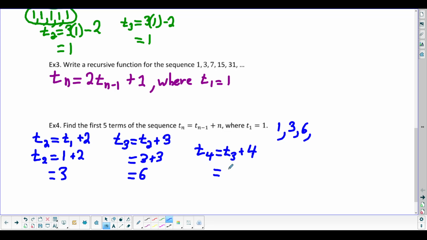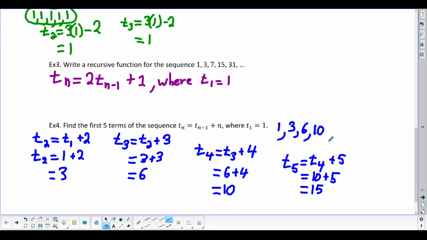So it's going to be 6 plus 4 is 10. And T5 is going to be the value of T4 plus n. It's 5. 10 plus 5 is 15. That is our sequence. And if we look at it, we can see it goes plus 2, plus 3, plus 4, plus 5. Right? We can see that increasing addition that's happening by our n value going up by 1 each time. All right. That's it for the lesson on recursive functions.